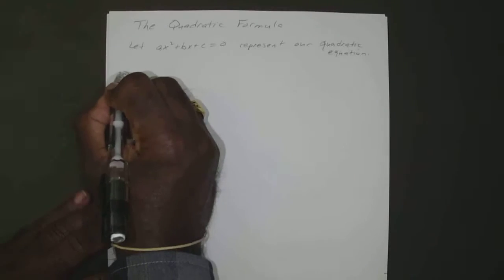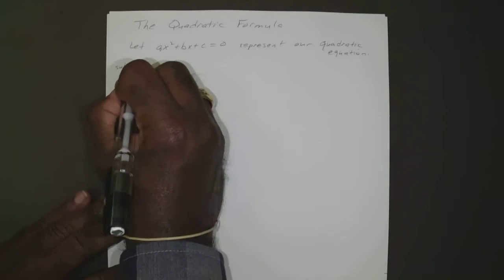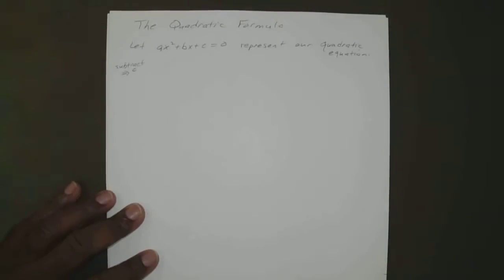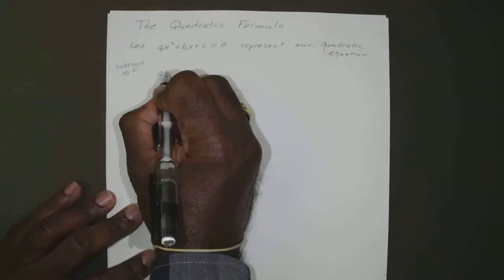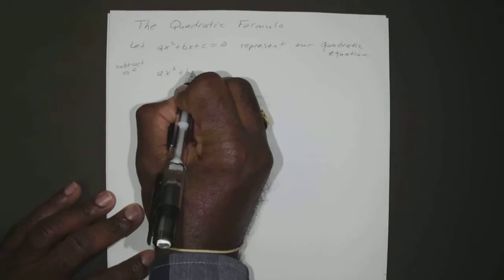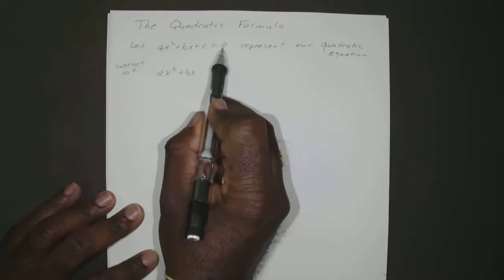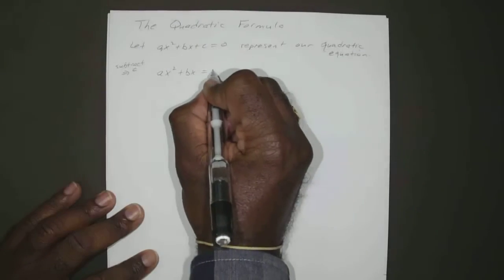Okay, so let's say we subtract c from both sides. That means we'll have ax squared plus bx. If we subtract c from both sides, that would equal negative c.